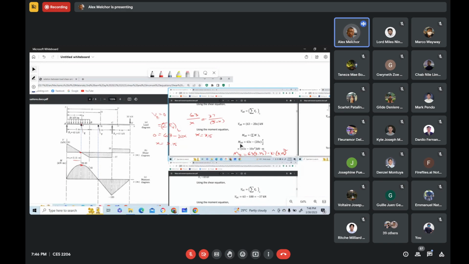Now, in my case, we'll just use the moment equation for segment AB to determine the moment at B. So now the moment at B is equal to 63 times the value of x. At section B, the value of x is 5 meters. Okay, you see that it's 5 meters.